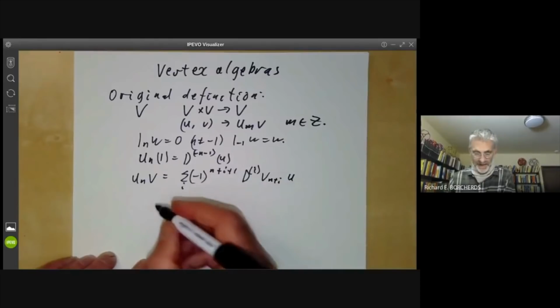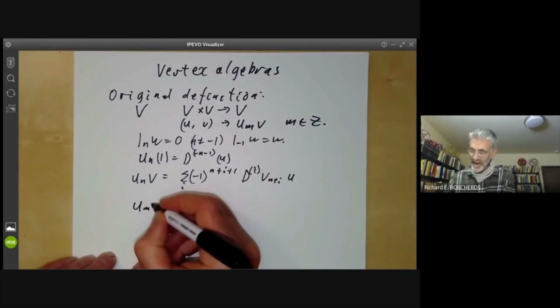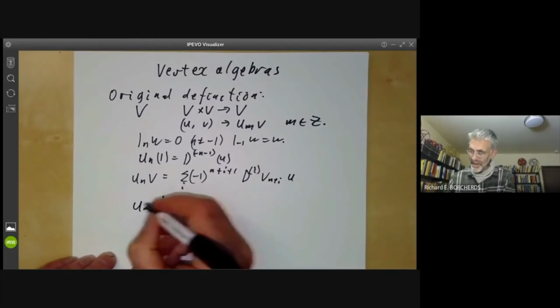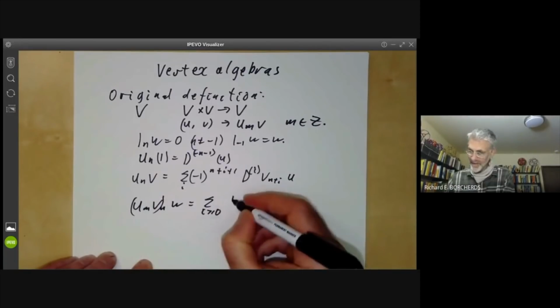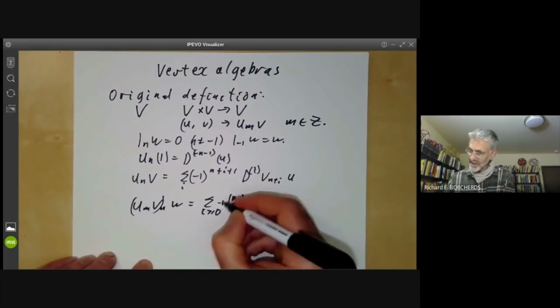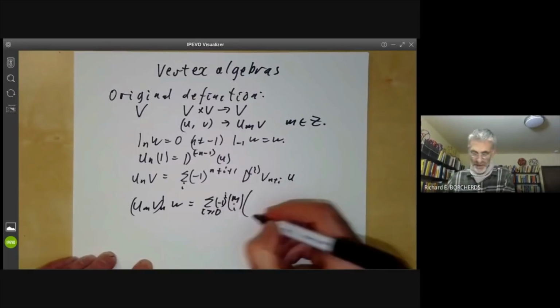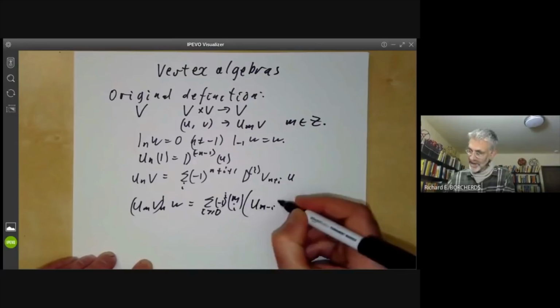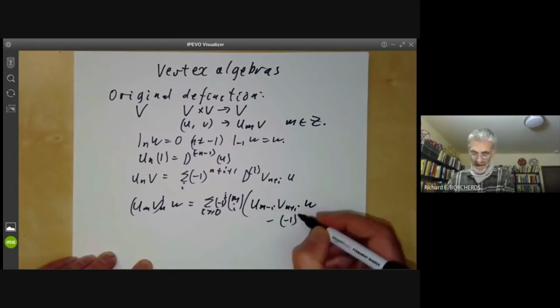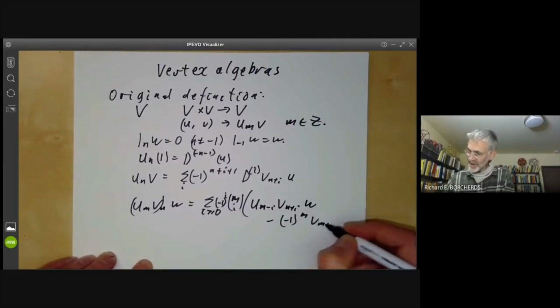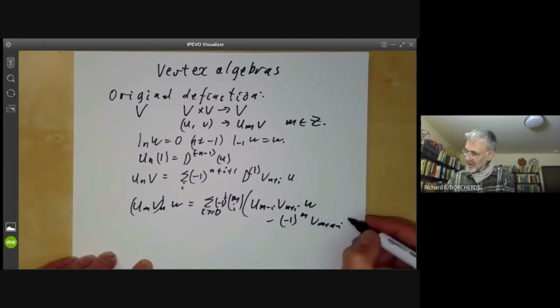And the next identity says that u_m (v_n w) is equal to the sum over i greater than or equal to 0 of (m choose i) times (-1)^i of u_{m-i} v_{n+i} w minus (-1)^m v_{m+n-i} u_i w.